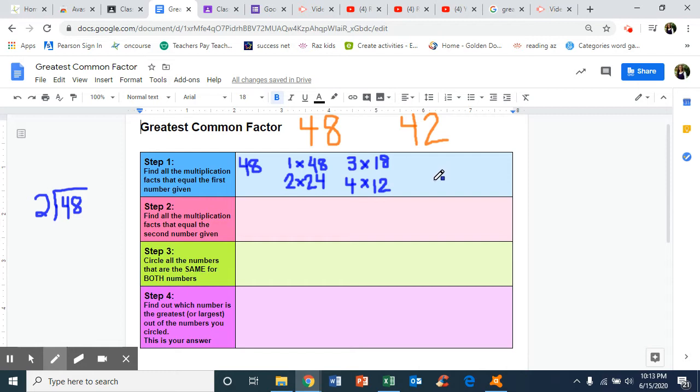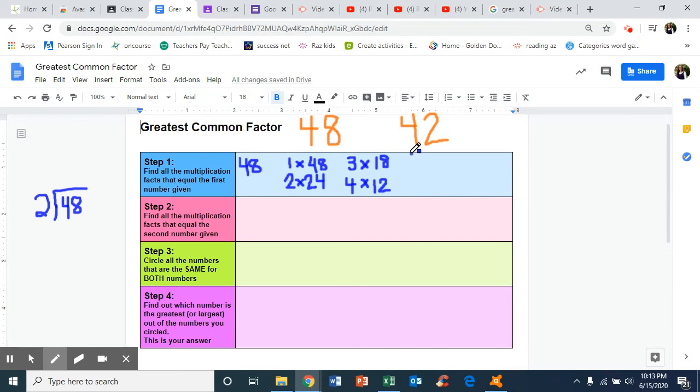Now, do we know if 5 goes into 48? 5 cannot go into 48, because the number needs to end with a 0 or a 5. So we know that we are going to skip 5. And we move on to 6.